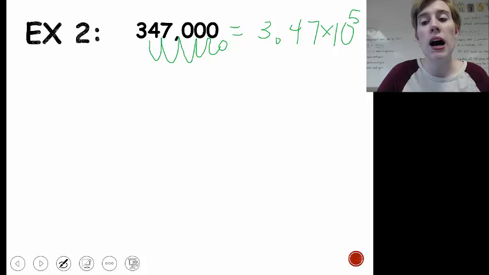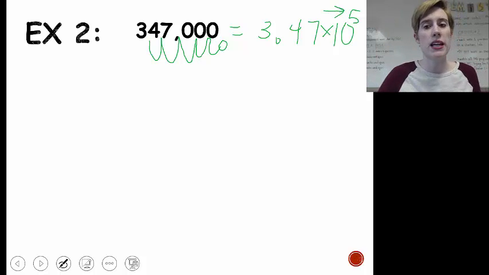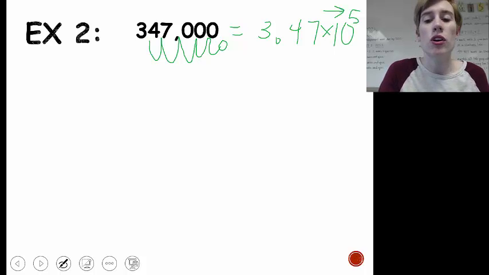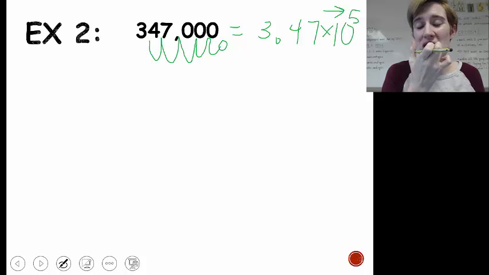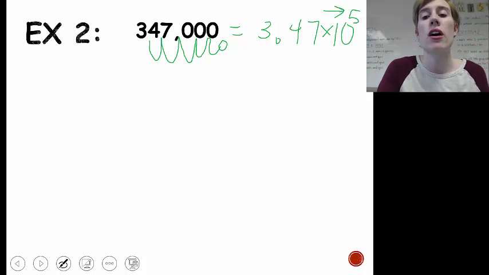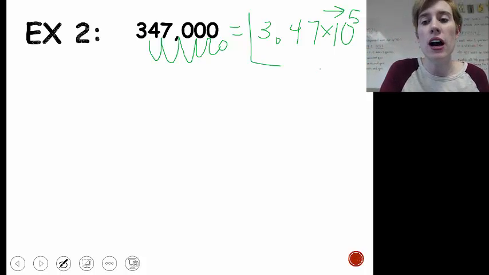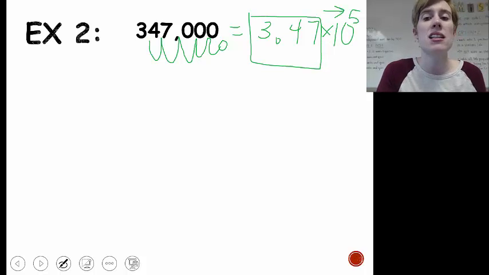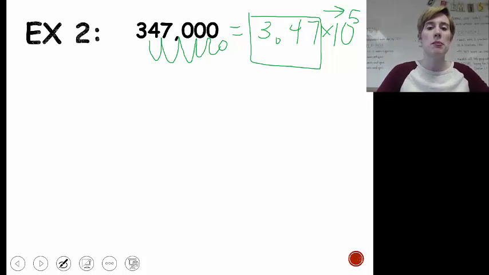We are always going to use a positive value right here when we're dealing with really big numbers. That makes sense, right? In order for 3.47 to equal 347,000, in order for those two numbers to equal each other, we need this value to be much bigger than it is. So we're going to multiply it by a positive exponent so that it becomes a bigger number, okay?